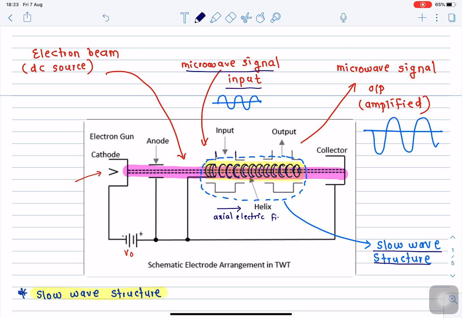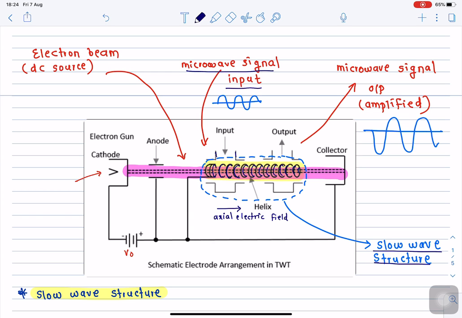Okay, so this axial electric field is developed because we inject the microwave signal over the slow wave structure, and this axial electric field will continuously interact with the DC electron beam. As we know that the microwave signal is continuously fluctuating, it will cause acceleration and deceleration of the electrons in the electron beam.